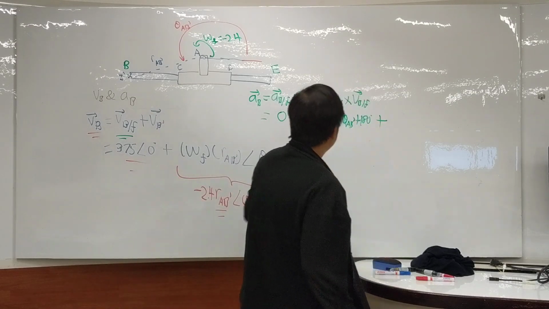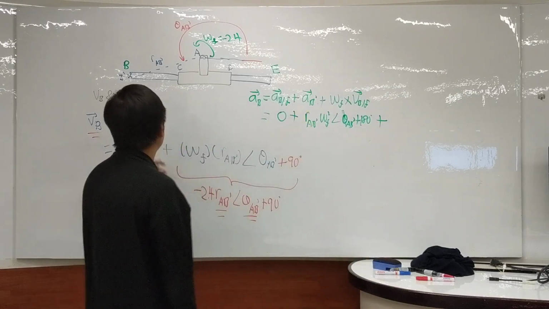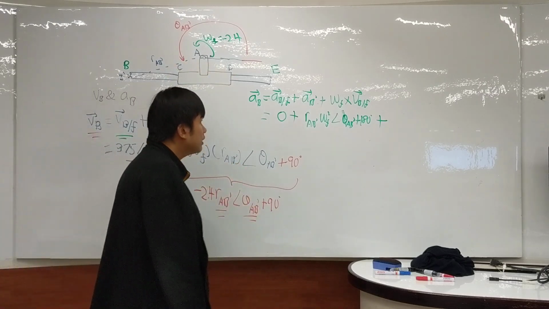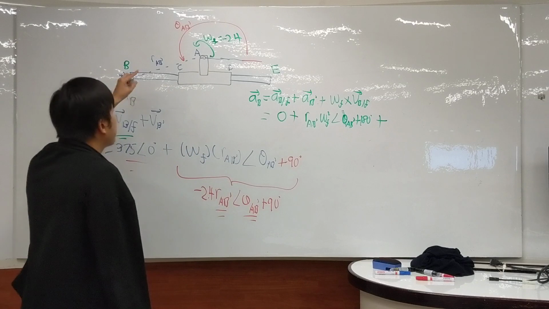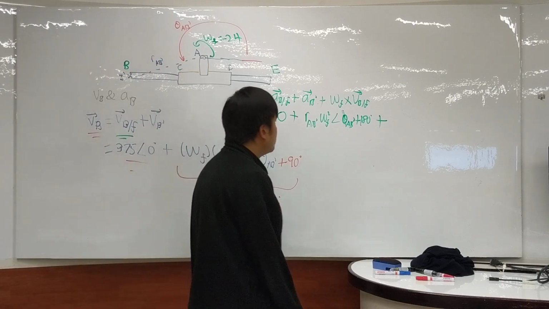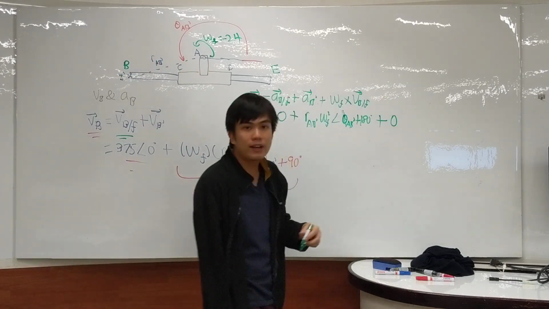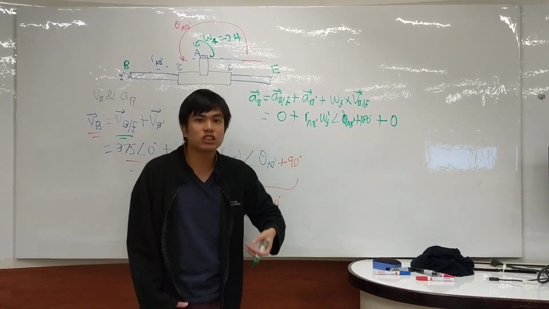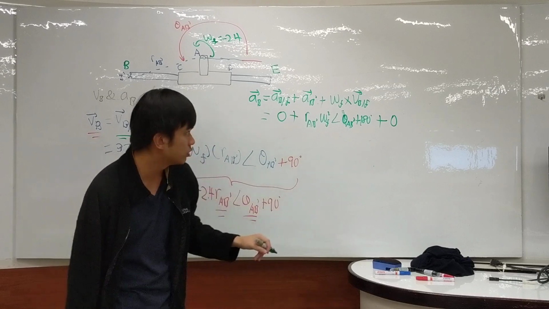This is the centripetal acceleration of the point B prime with respect to the center A. How about tangential acceleration? Tangential acceleration of the point B prime with respect to the center A is equal to 0. Why is it 0? Because angular acceleration of the body is 0. It has a constant angular velocity. It's given in the question.